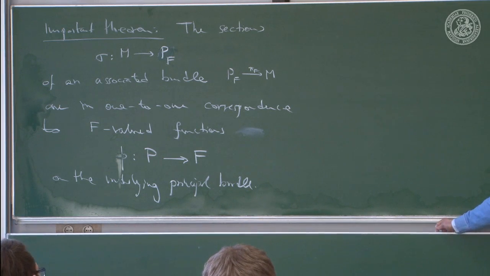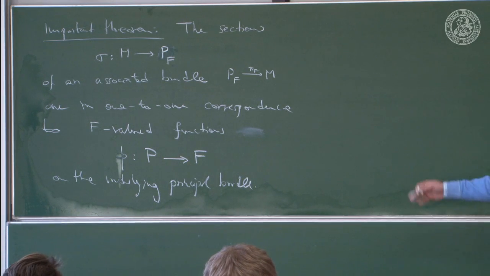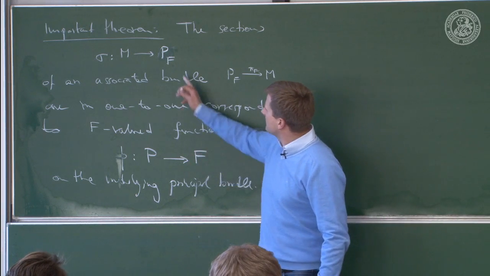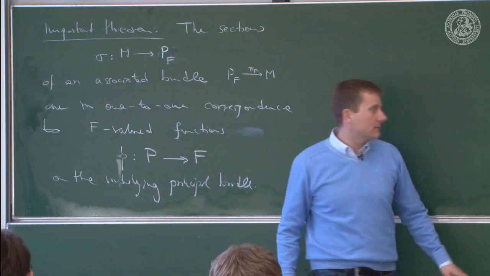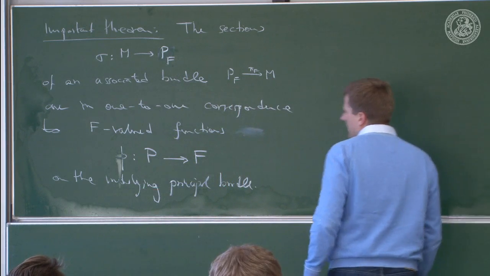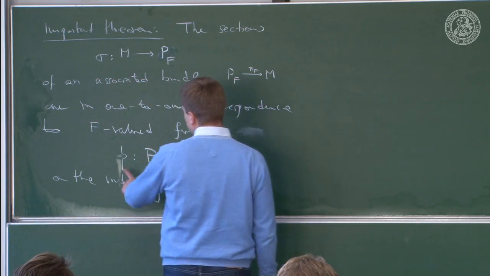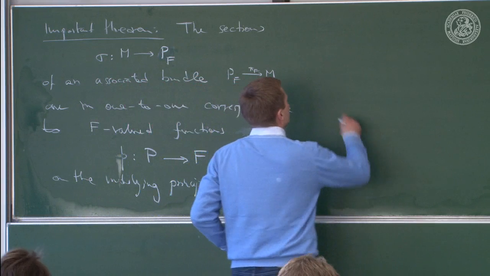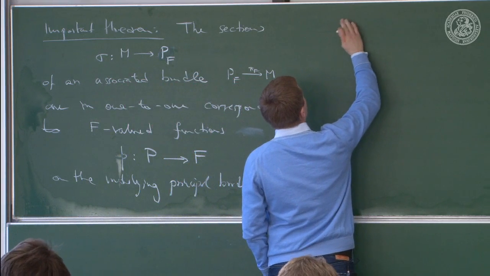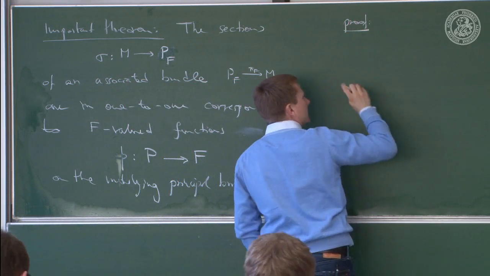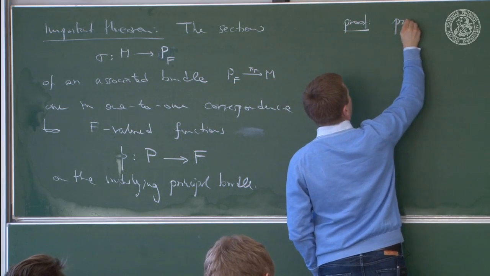So that's interesting, because you can always think of a section as a function, but only on the underlying principal bundle. And the section is then given by this phi. The proof is on the problem sheet, but I give you some hints already.